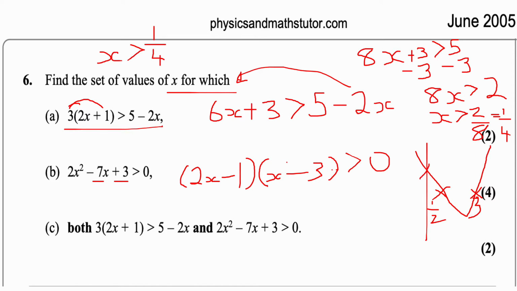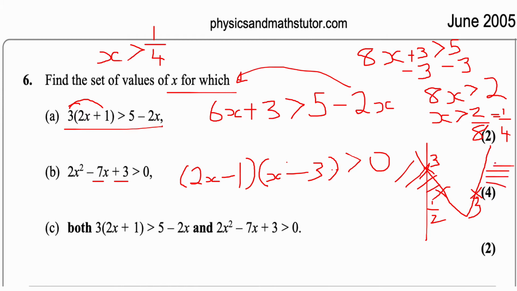It crosses the y-axis at +3, if you're interested, because of this +3 here. When x equals 0, y is 3. So we want it above the x-axis, so we want it above y equals 0. So it's going to be everything on this side of the curve and everything on this side of the curve.